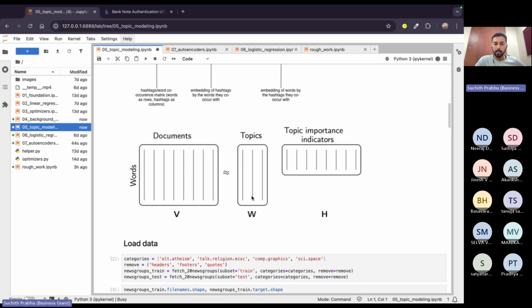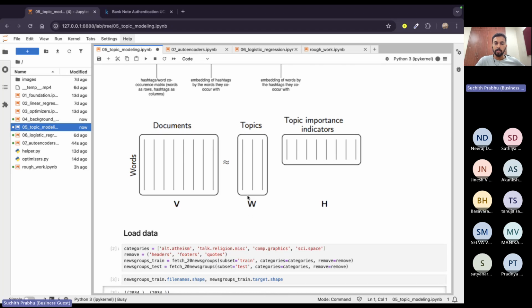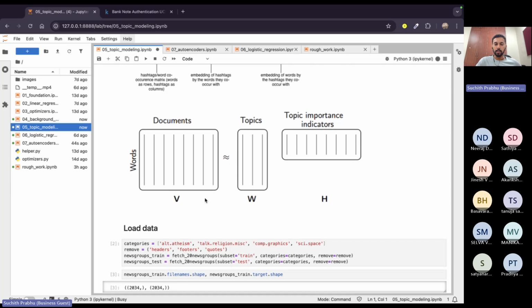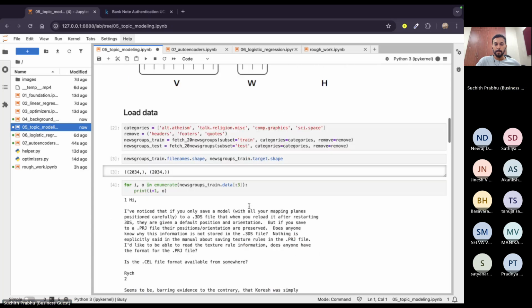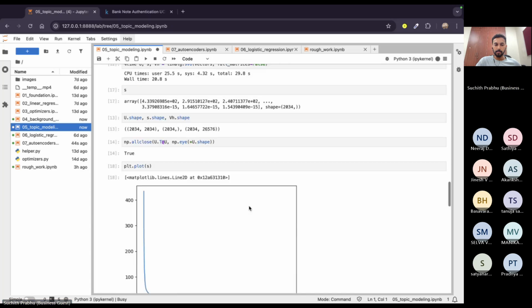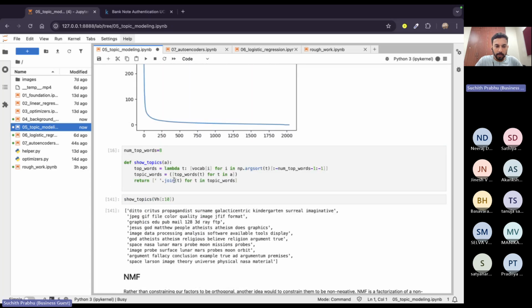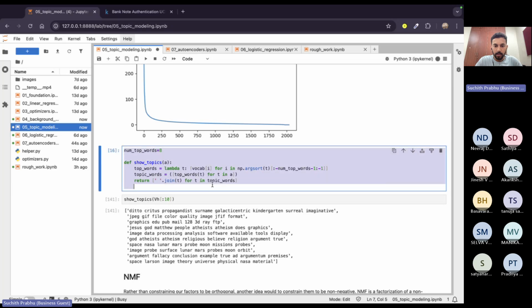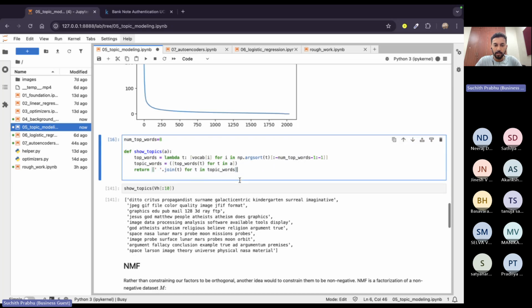But here we use another approach that we normally use these days. We want this factorization, right? So we just randomly initialize, pick a loss function, and then use SGD to finally come up with this factorization. And we'll use the same function which we used here to see what topics are present.